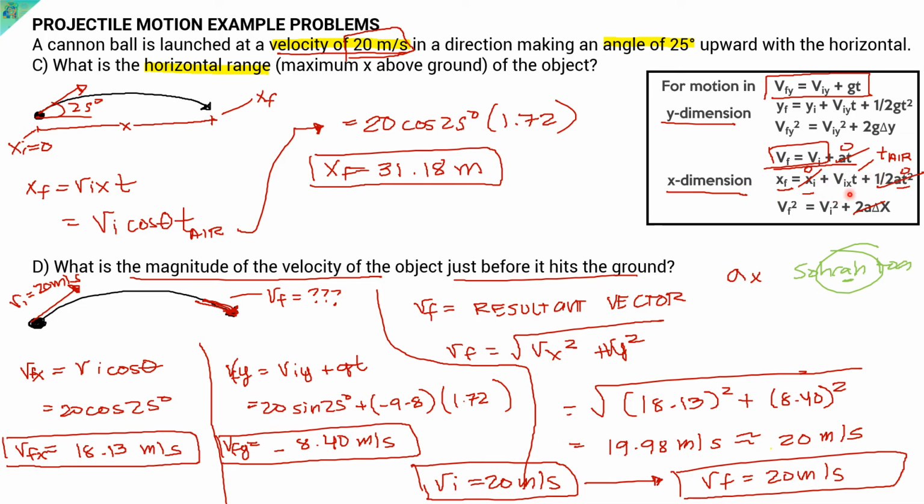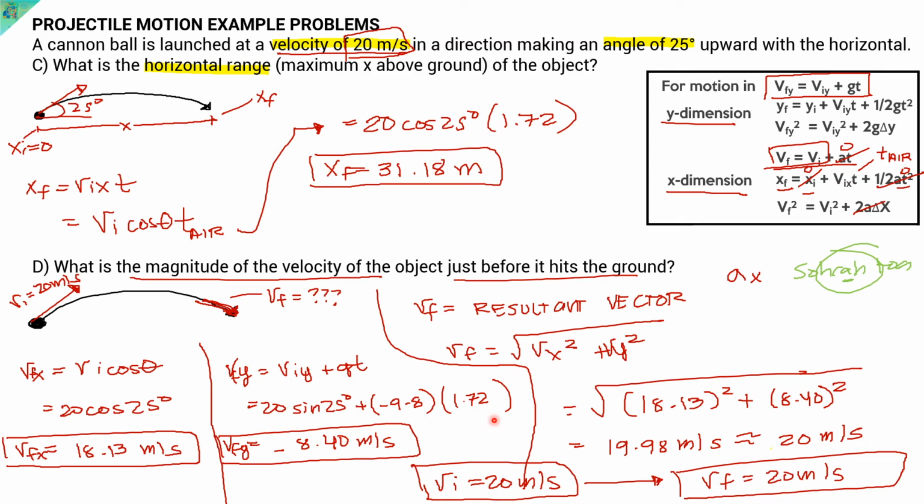This is our formula here. And we know that our VIX should also be our VI cosine theta according to the resultant vector. And our T here should be the time in the air, which we have already searched for a while ago. Previously, the answer for that is 1.72. We plug it here. Answer is 31.18 meters.